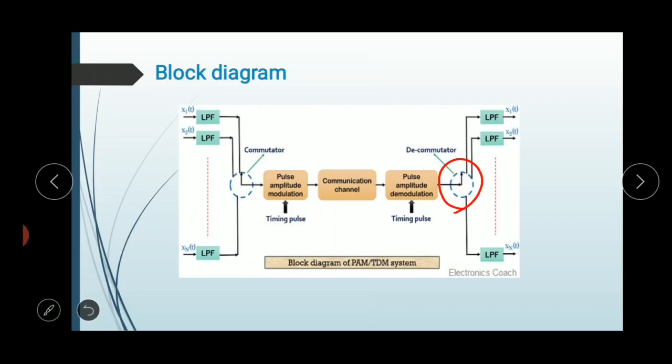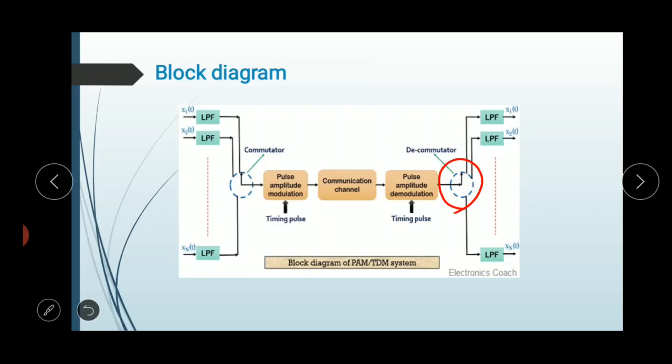At the receiving end, first the signal is demodulated. After that, it goes to the decommutator. A decommutator is placed that is synchronized with the commutator at the transmitting end. The synchronization is required.